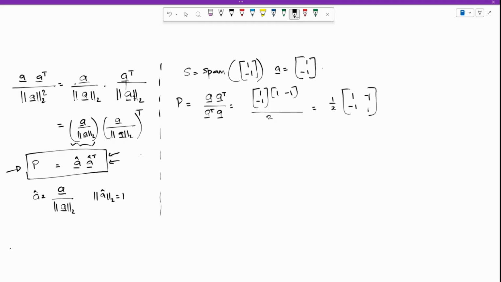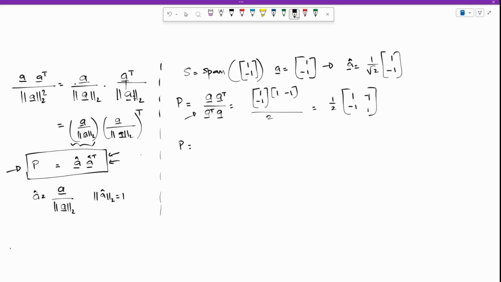Does A have length 1? Is it normalized? It does not have Euclidean norm 1. So if we normalize it, we simply have to divide it by the square root of A transpose A. This is the formula if you have a non-normalized vector.